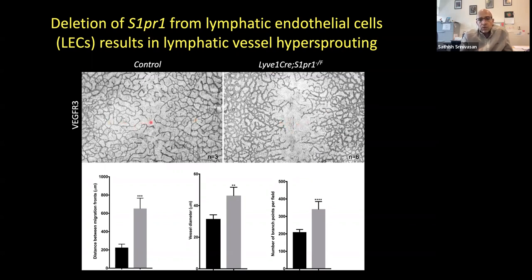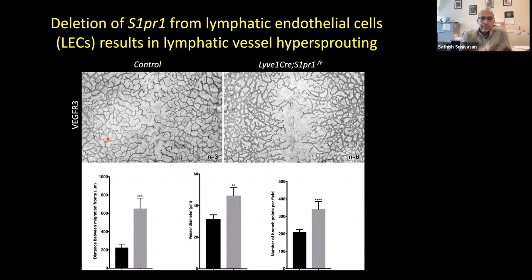Here in a control embryo, the lymphatic vessels have reached the midline. This is a stage called 16.5 to 17.5. The vessels are very smooth and very nicely patterned. There is a sufficient amount of interstitial space in between the lymphatic vessels where the fluid can be absorbed.